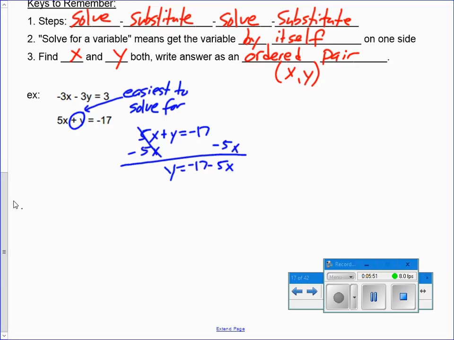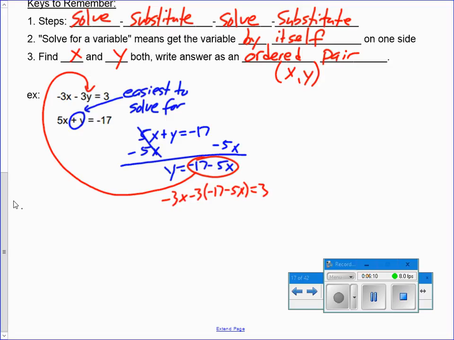Right, my next step is going to be to substitute. So I take this expression I came up with for y, and it's going to go into the other equation in place of y. So when I do that, it's going to be negative 3x minus 3 times this exact expression, negative 17 minus 5x, equals 3. And now we're going to solve and actually get a value for x. Since the only variable in here is x, this is now a linear equation.